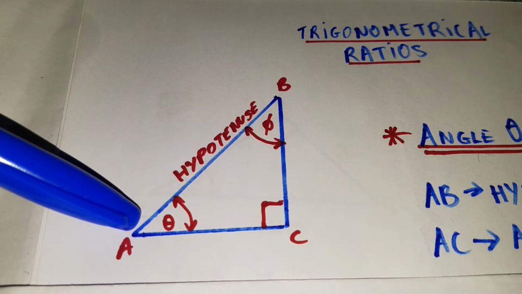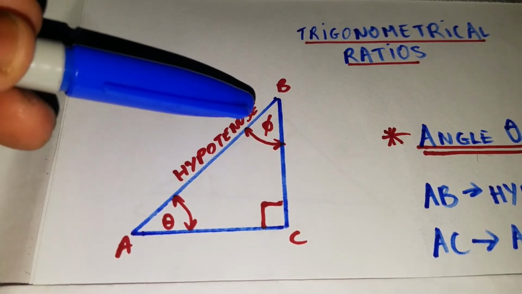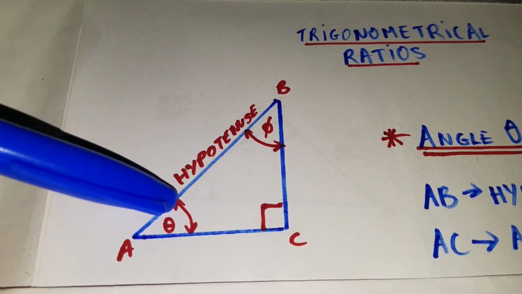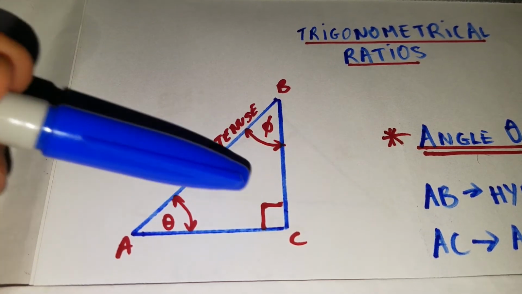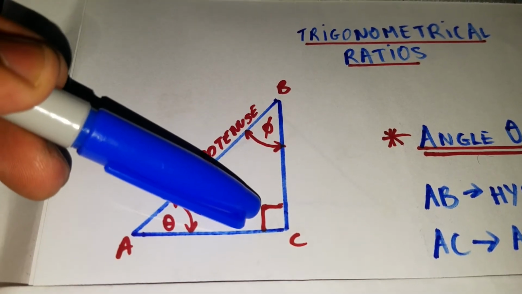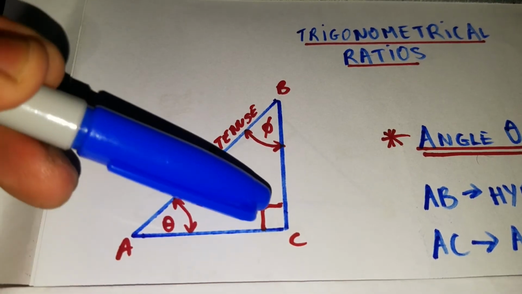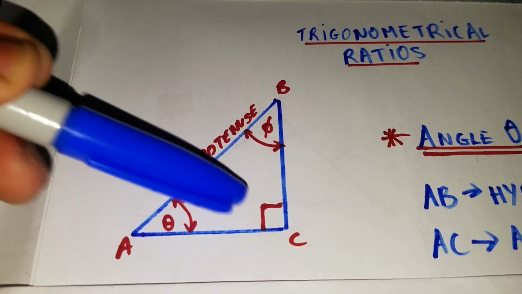It is the longest side of the right-angled triangle, and it will always be opposite to the right angle. Opposite meaning it is right across from the right angle. As you can see, the right angle is here, and the hypotenuse line is here, so it is directly across from the right angle.